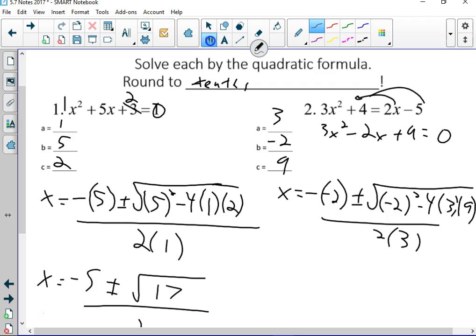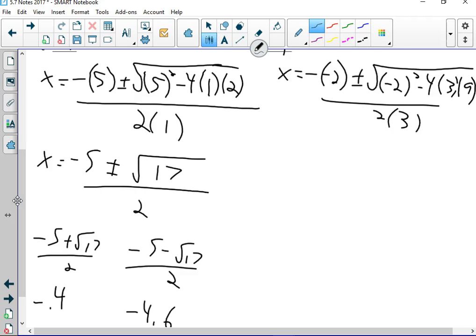Now we're going to crunch the numbers. Okay. So, on this one, we're crunching the numbers. The opposite of negative 2 is positive 2. Negative 2 squared is what? 4. 4, not negative 4.